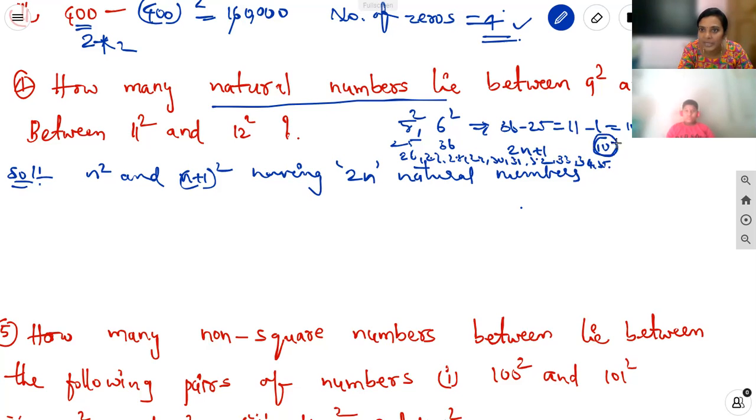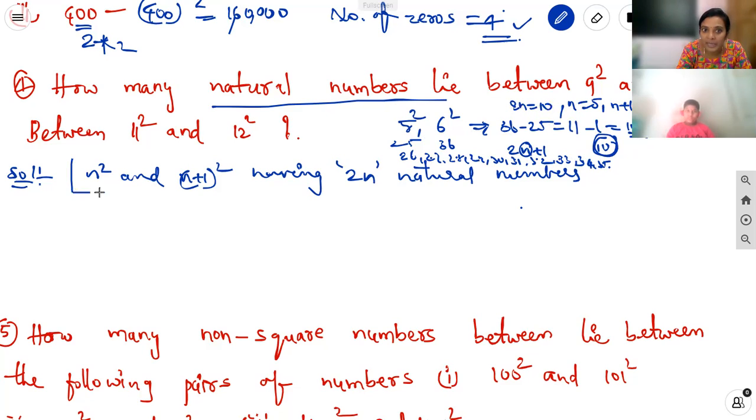10 means how are we getting 10? It's 11 minus 1, getting 10. Here, if we take n equal to 5, what is n plus 1? 6. What is 2n? 2 fives are 10.